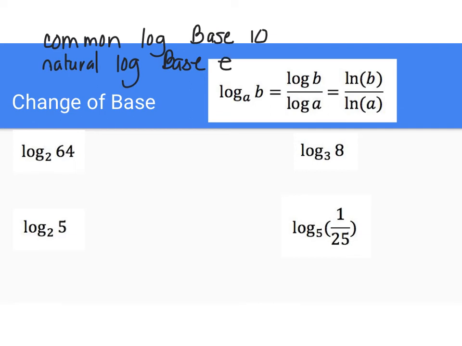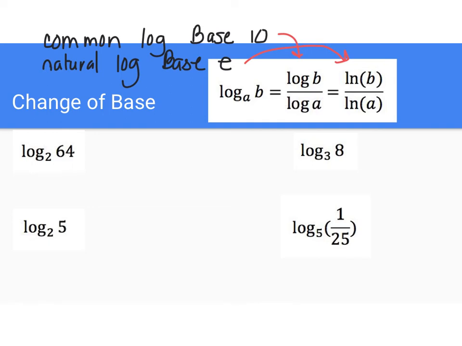Now those are the only two that your calculator has stored. So if we want to evaluate a function, we have to convert it either into base 10 or base e in order to evaluate that in the calculator.